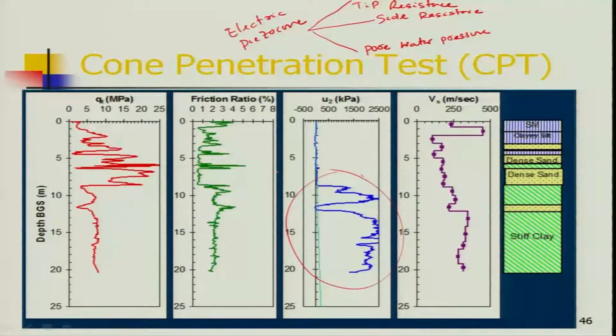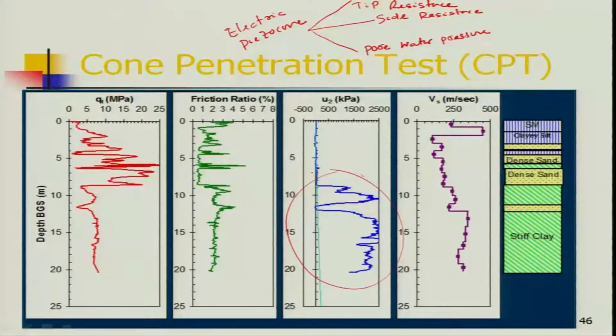This is a simple soil profile up to a depth of 25 meter: silt, clay, silt, dense sand, stiff clay. If you look at the pore water pressure, there is no change in the upper layers, and all of a sudden between dense sand and stiff clay there is a change in pore water pressure. This is a continuous process.